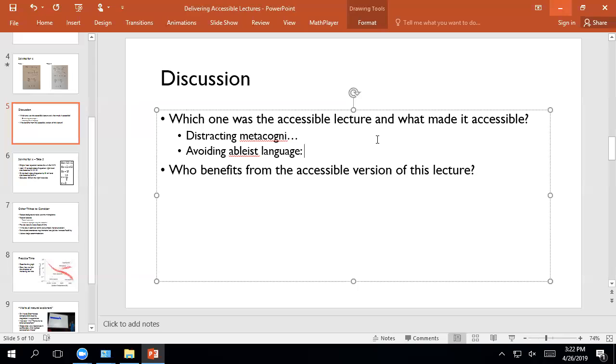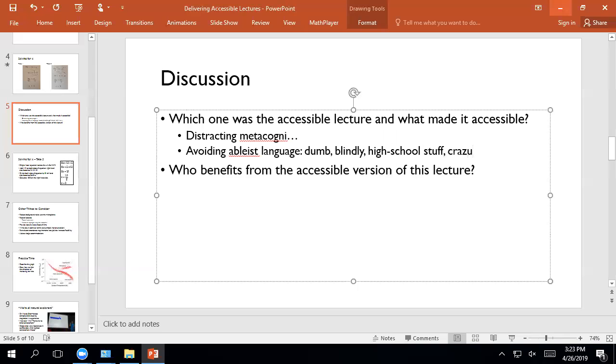Thank you for that comment. Can someone tell us which words in that context are considered ableist? High school stuff, I heard. Okay. Crazy.